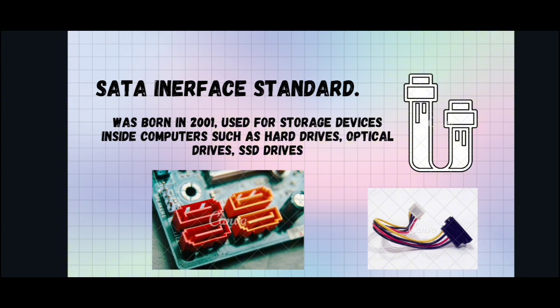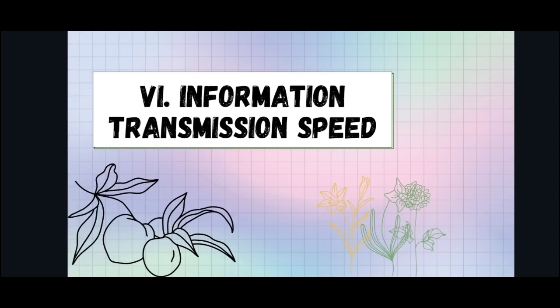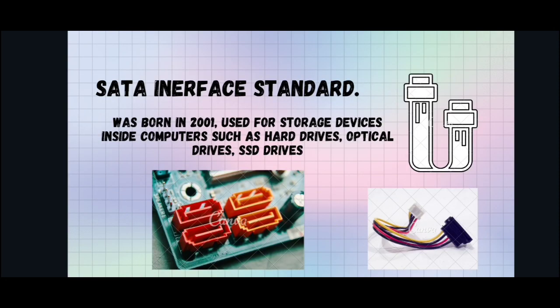SATA interface standards have 3 versions: SATA 1 reaches a speed of 1.5 GB per second, SATA 2 has a speed of 3 GB per second, and finally, the data transfer speed of SATA 3 is 6 GB per second.